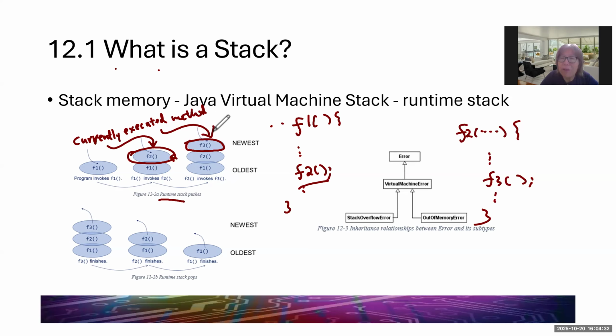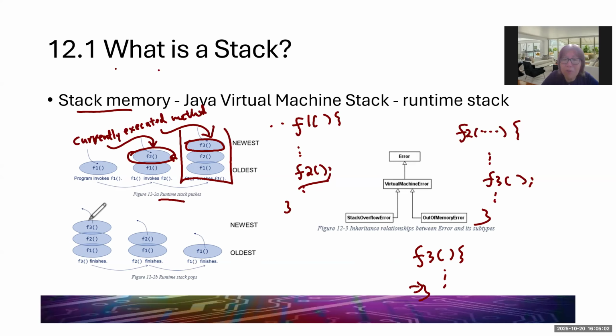It will be at the top, so F3 is at the top of the stack. All of these, F1, F2, F3, are stored in the stack memory. Then F3 executes to the last statement and finishes execution.